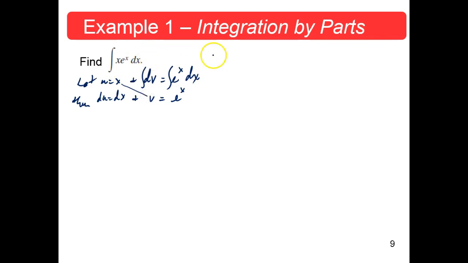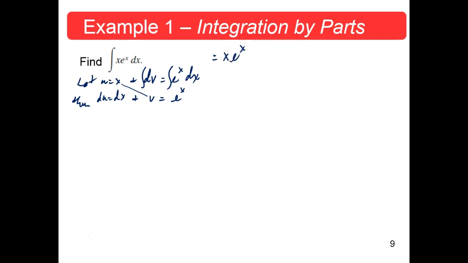So this thing here is equal to, start with uv, which is u times v, which would be x e to the x. You don't have to do a thing with that.